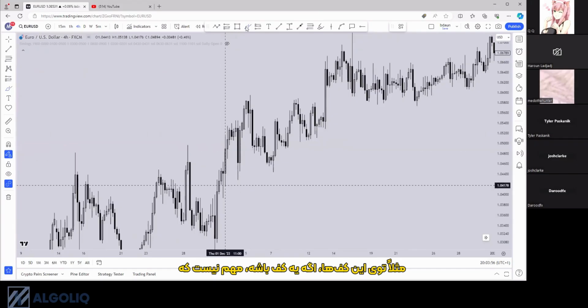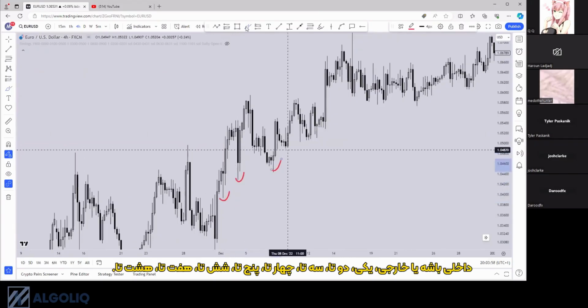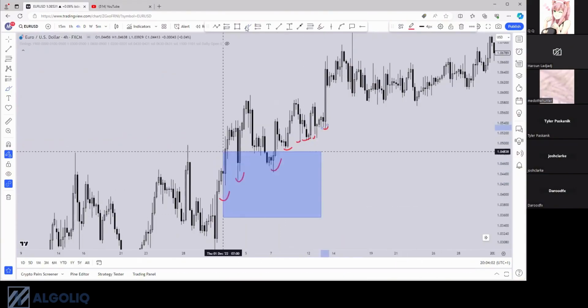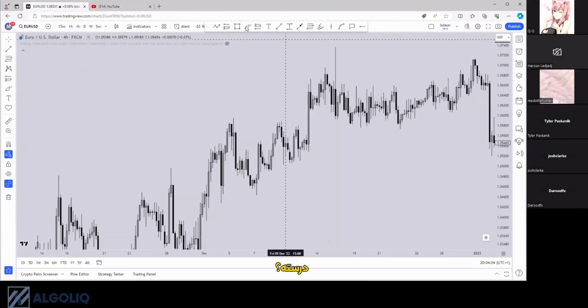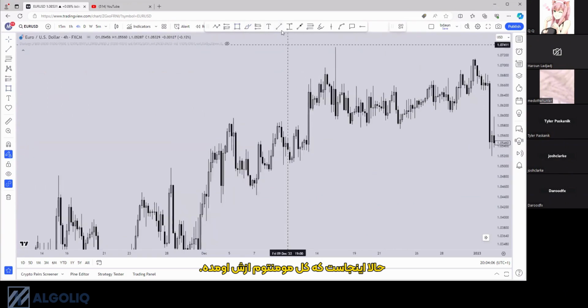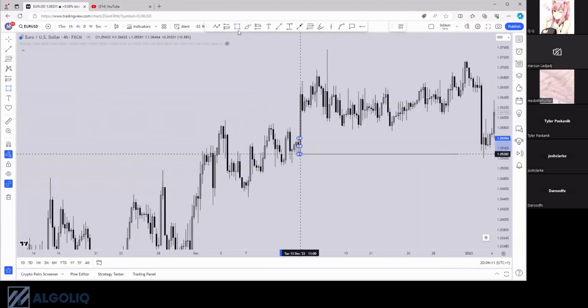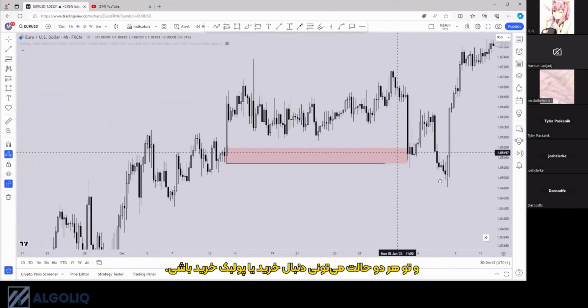It doesn't matter if it's internal or external. You have 1, 2, 3, 4, 5, 6, 7, 8. And this is where all the momentum came from. So this will be your momentum liquidity, and this will be your nearest trap. And in both cases, you can look for buys, for pullback buys.